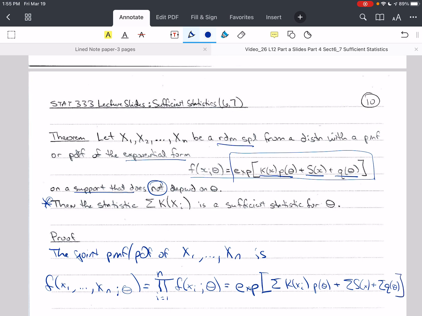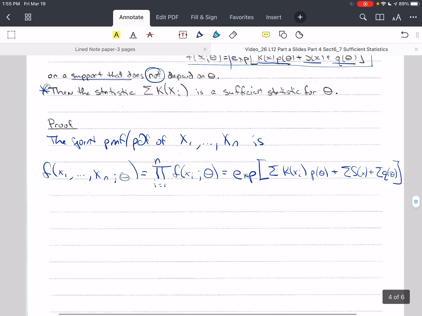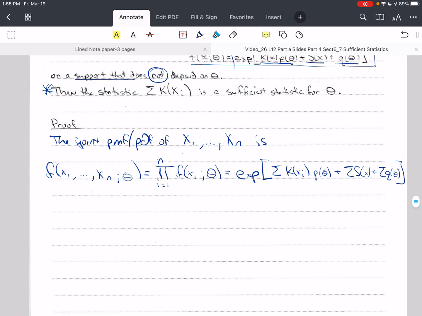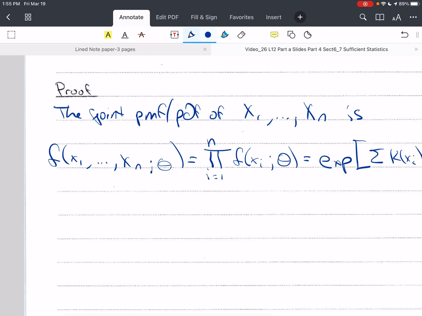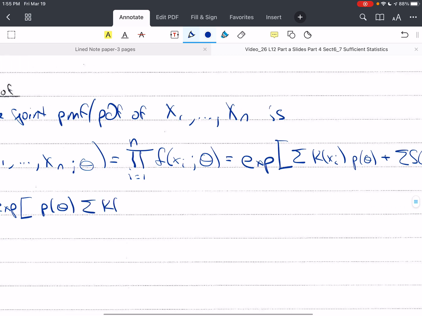And so this is equal to exp of p of theta times the sum of k of xi plus the sum of s of xi plus n times q of theta.